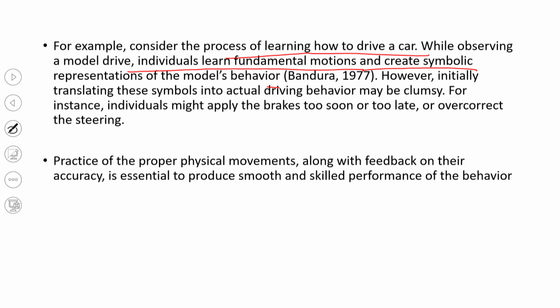Then when you start driving, although you remember everything, you may still not be able to drive it. You may press the clutch too early or press the brake too early and so on, even though you remember all the steps. But when you actually do it, you may not be able to do it perfectly. So, you need practice to produce that.